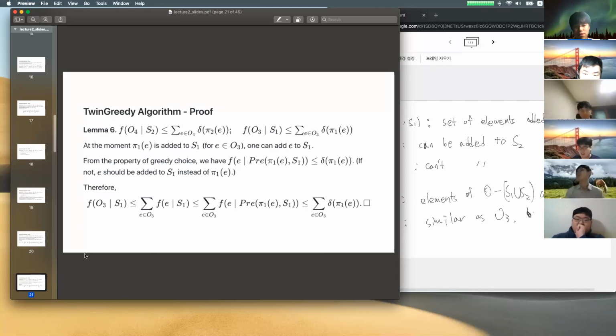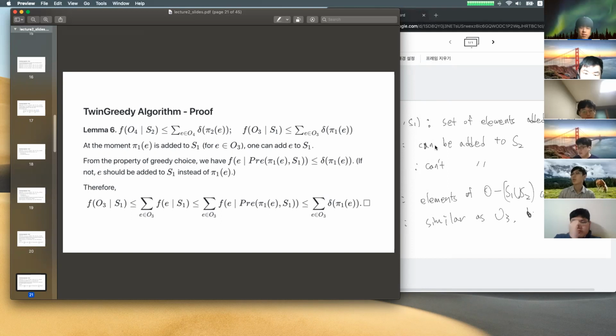While proving lemma 6, we consider the moment when pi1 E is added to S1, where E is an element of O3. For this we prove this thing. At that time, we can add E to S1.